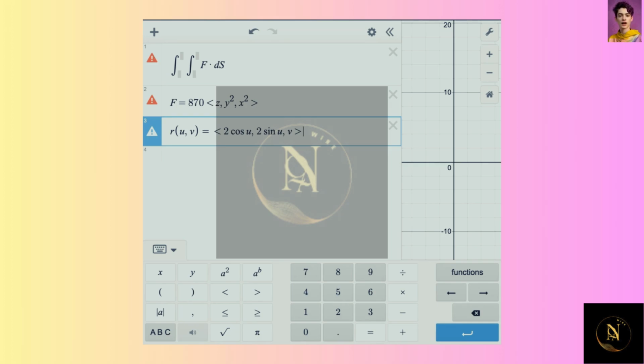So F of r(u, v) is going to end up giving us 870 times (v, 4 sine squared u, and 4 cosine squared u).